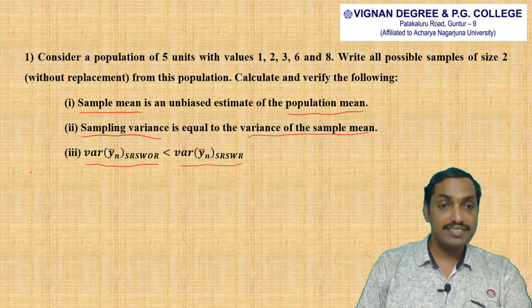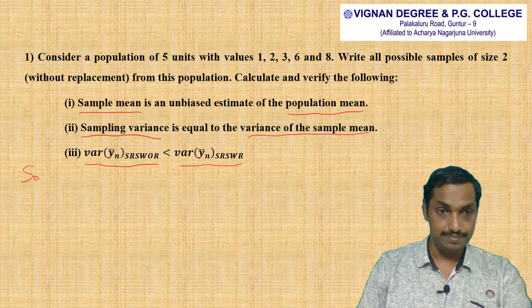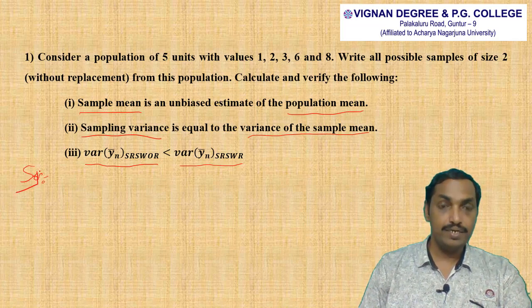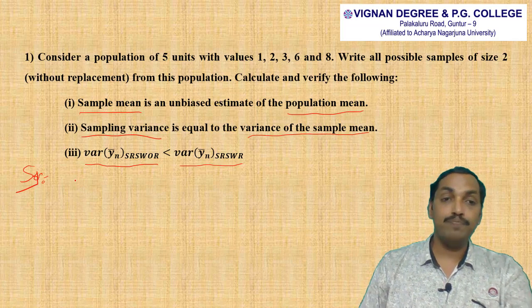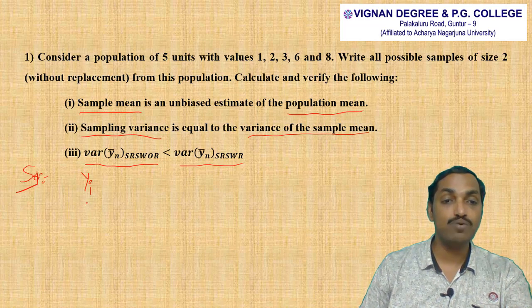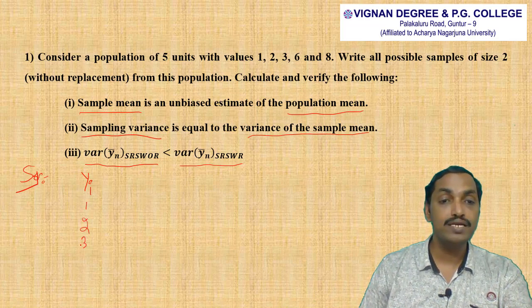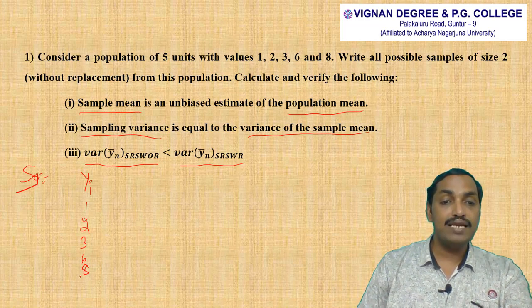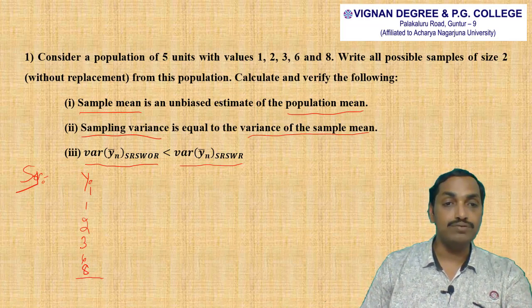So let us start the solution. Here we represent the population elements with capital Y. And we are having 5 elements in the population: 1, 2, 3, 6 and 8. Now calculate the total for all these values.